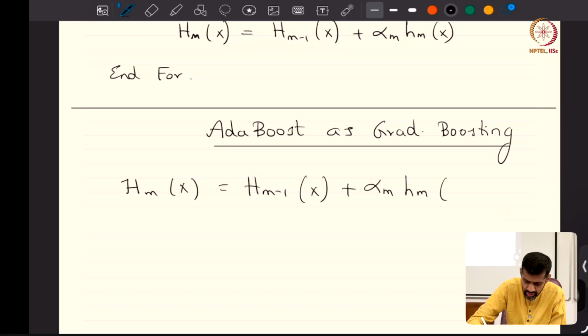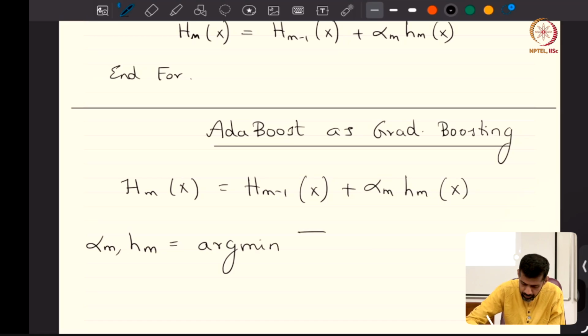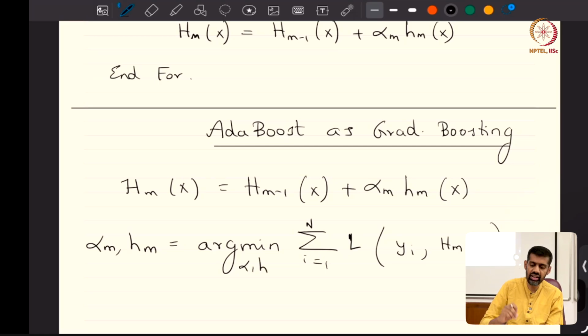So this is our iterative update, and we want alpha_m and h_m to be the minimizers of the loss that we calculate between y_i and h_m of x. So this optimization is over alpha and h. Now, we need to find an alpha_m and an h such that this is optimized. That's our goal in gradient boosting.